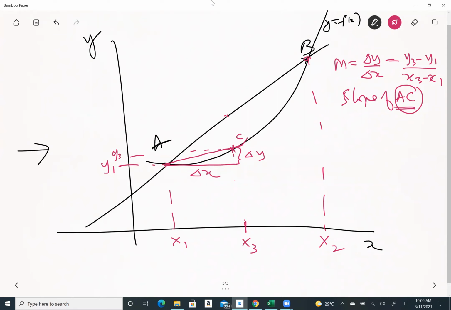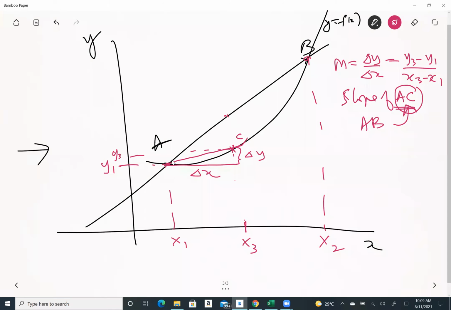We are going from AB to AC, not AC to AB, so you are comparing AB to AC. What can you say in terms of the relationship to the curve, the function?